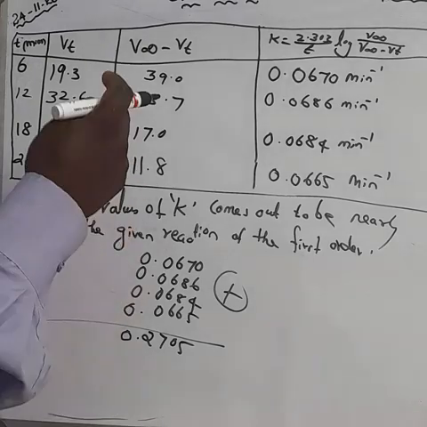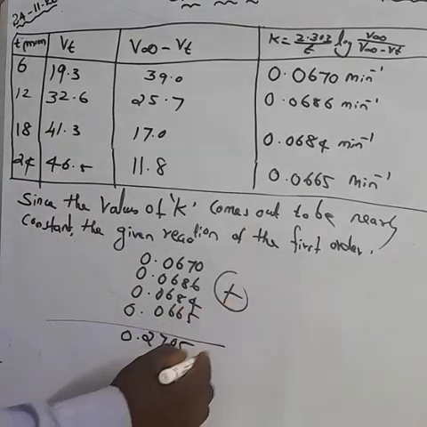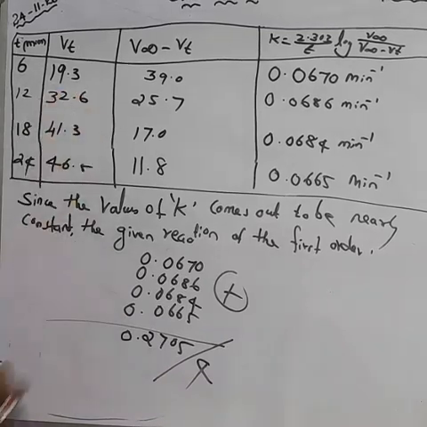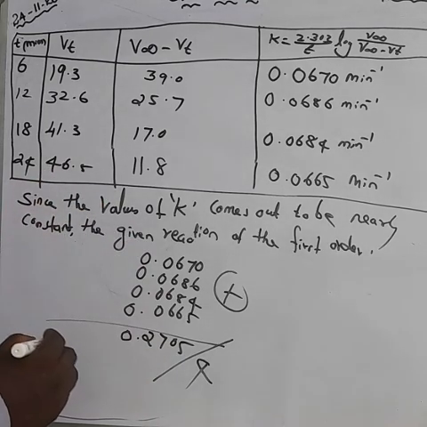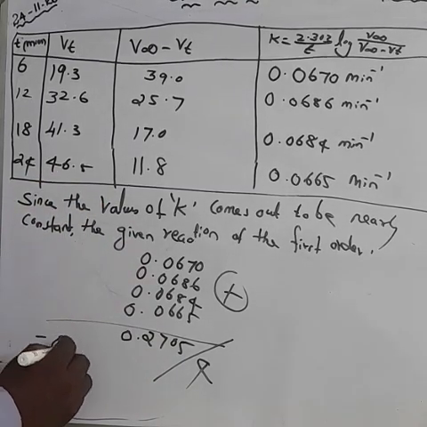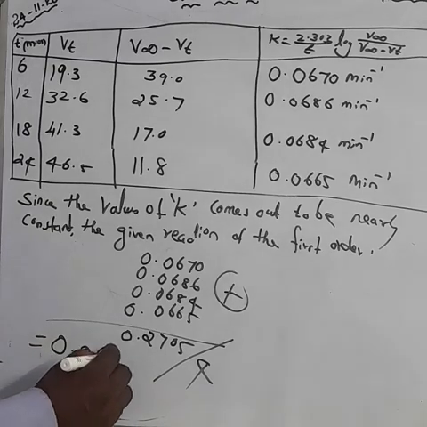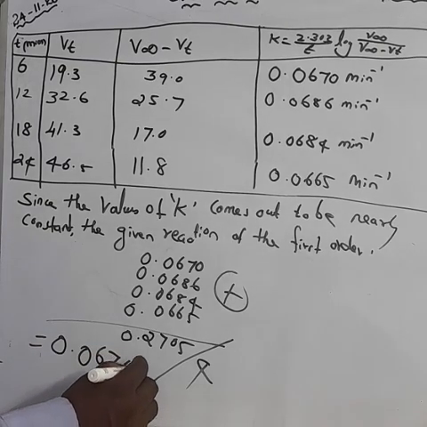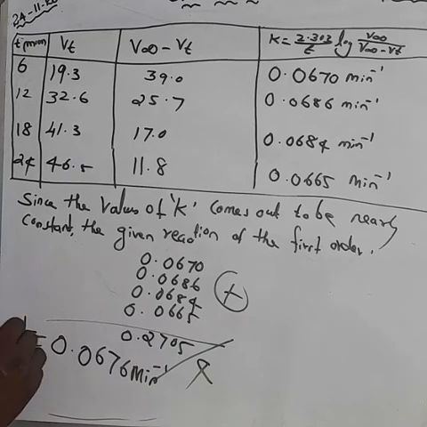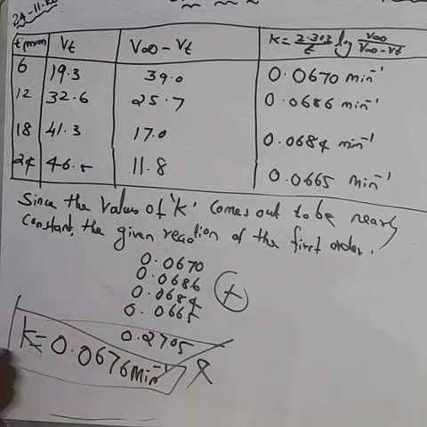Again we have to divide this by 4, because we have four k values: for 6 minutes, the next 6 minutes, the next 6 minutes, and again the next. So the value is approximately 0.0676 minutes inverse. This is the value of k.